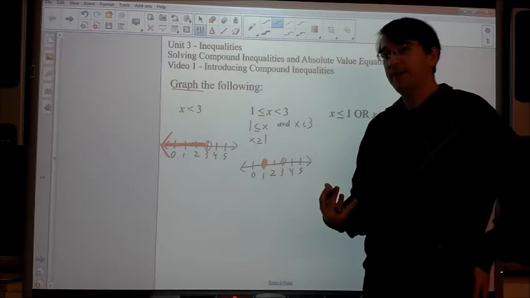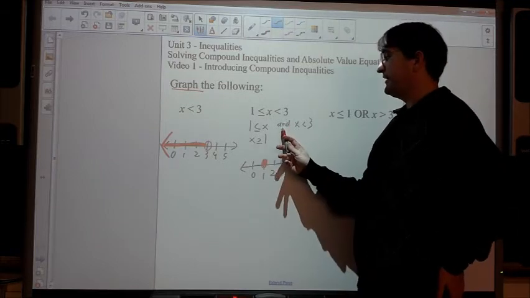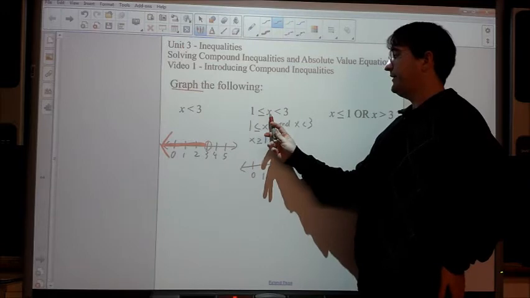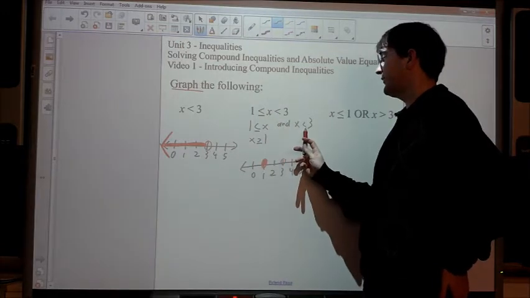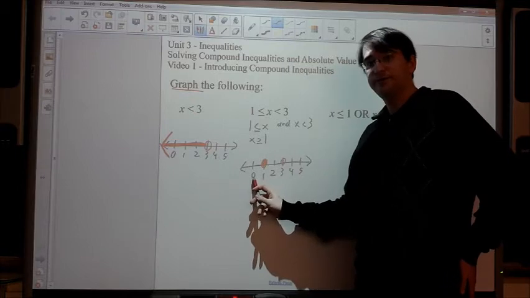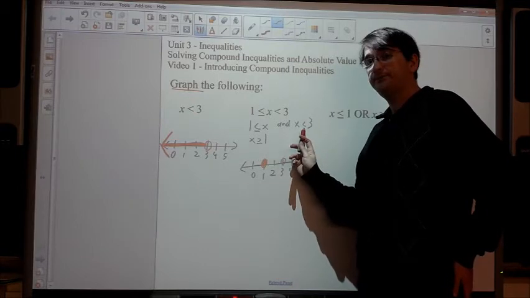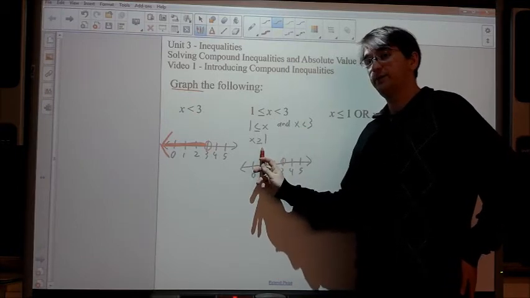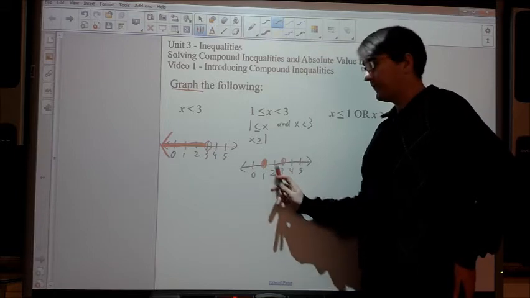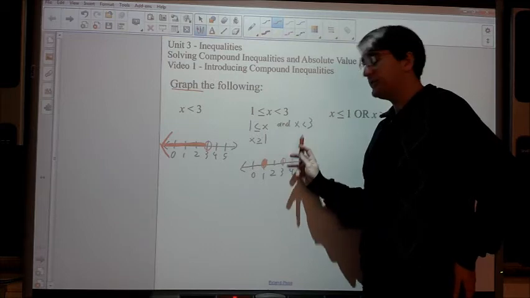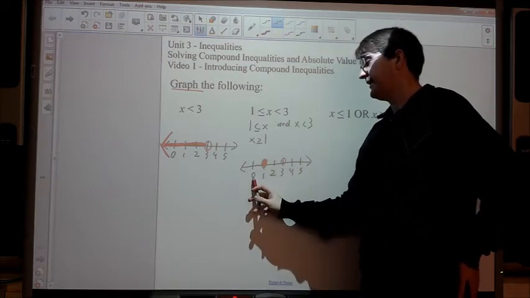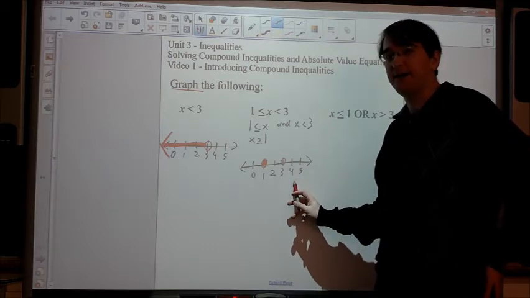Now to finish this graph, I have to keep in mind that this is an and statement, that I'm saying that x is greater than or equal to 1, and also less than 3. So 0, for example, is less than 3, but not greater than or equal to 1. And 4 is greater than or equal to 1, but it's not less than 3. So I can't have 4, and I can't have 0, and I obviously can't have 5.